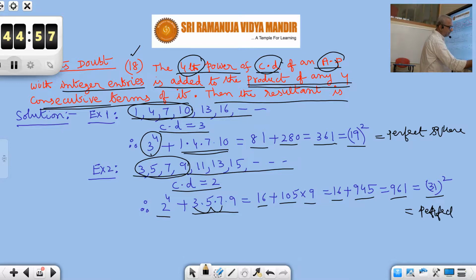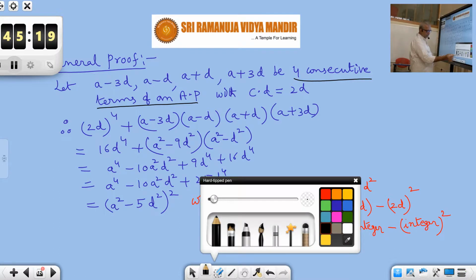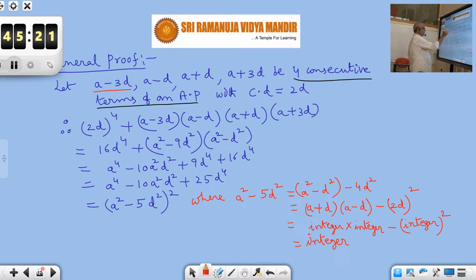Therefore, the answer must be a perfect square. But let us give the general proof. So already you know that if 4 consecutive terms in an AP are to be taken, it is better to take them as A minus 3D, A minus D, A plus D, A plus 3D.